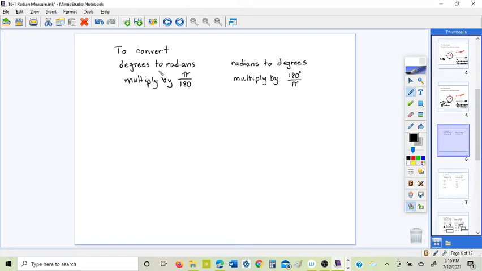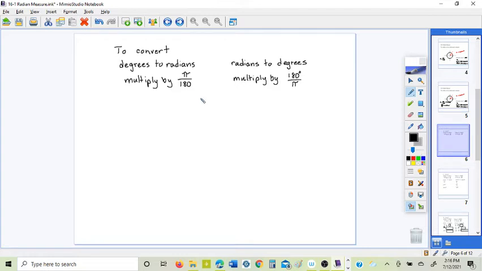Okay, if you're going to convert degrees to radians, you're going to multiply the number of degrees you have by pi over 180. Many times in your math classes, the radian measure will be given in terms of pi, not universally, but many times it will be. That would be the math that you would be hopefully able to do mentally, or at least partially mentally.